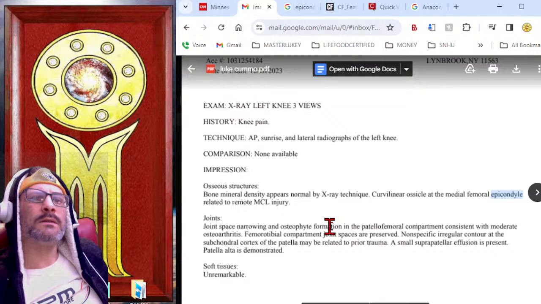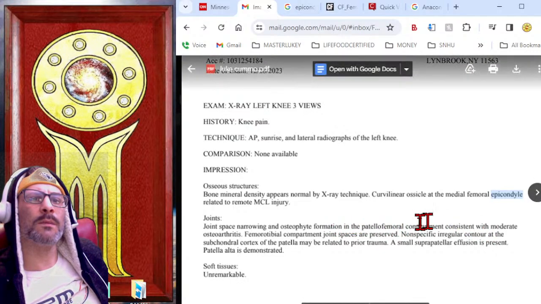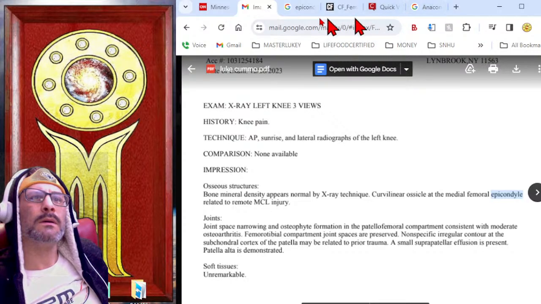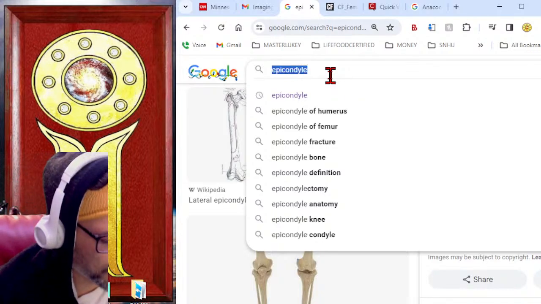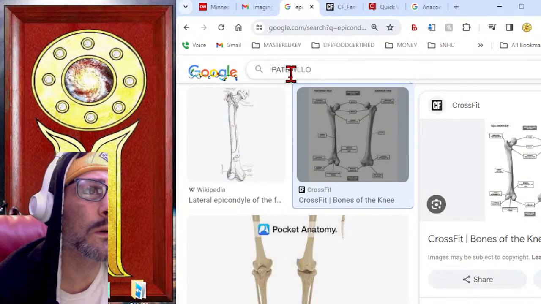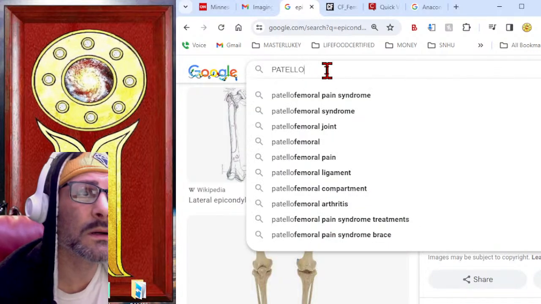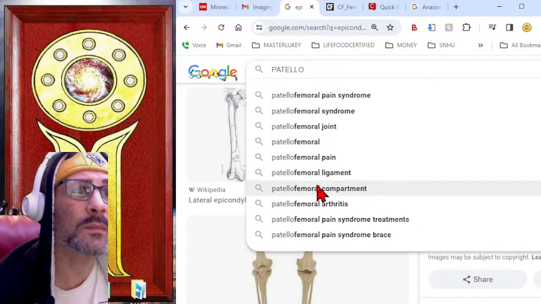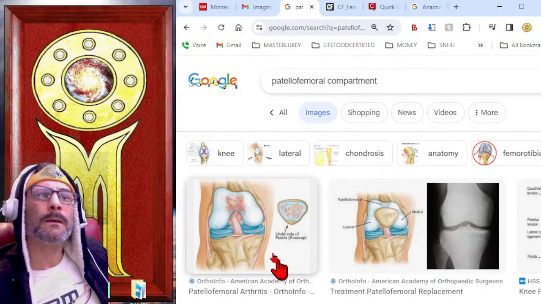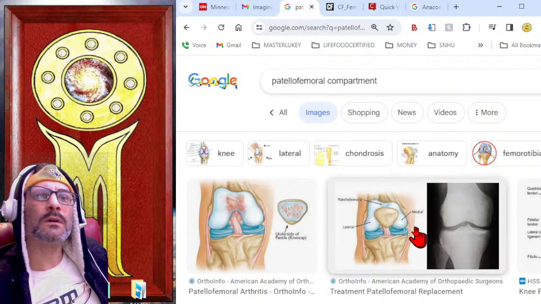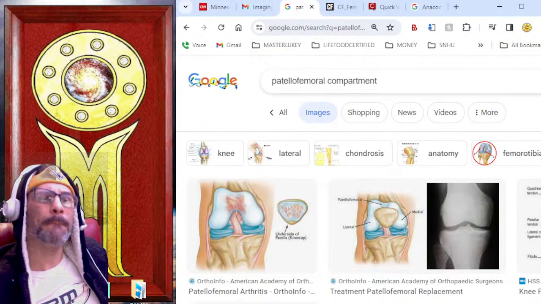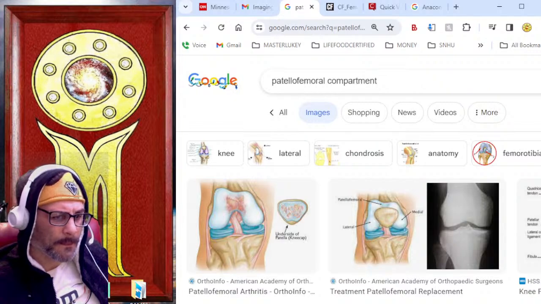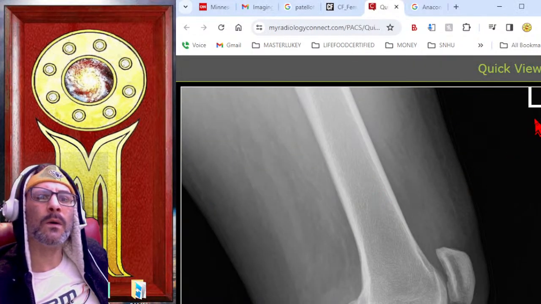Joint space narrowing and osteophyte formation in the patellofemoral compartment. Why is it caps? Patellofemoral compartment. Okay, so what we're going to look at here is behind the kneecap. And that's here.